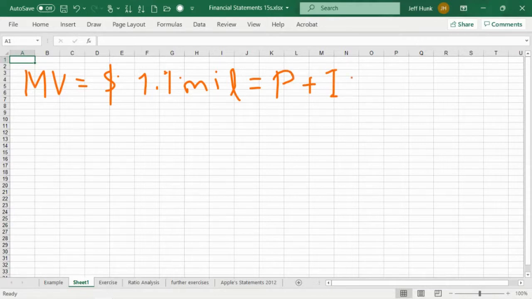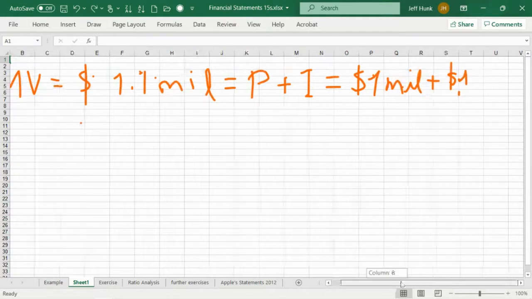So the principal was 1 million, and with a 10% interest rate, that's 0.1 million, right? With 10% interest rate.